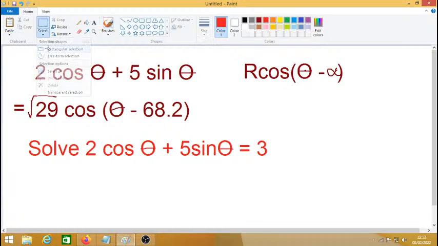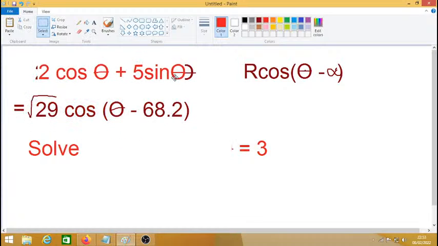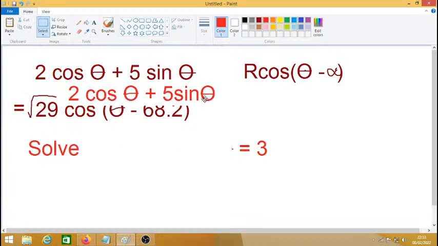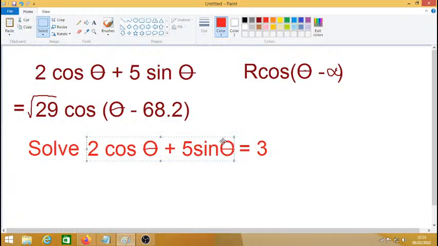So all you do here is you say, look, this 2 cos theta plus 5 sine theta, that was exactly the same thing that I was working on in part A. And I managed to say that this whole thing in part A could be rewritten as just something with cos in it.